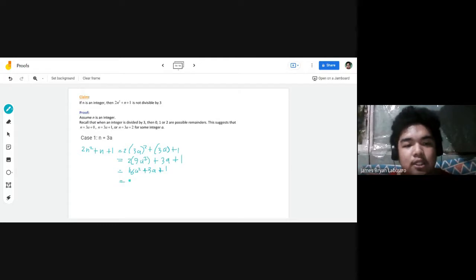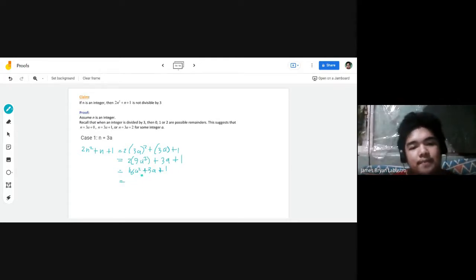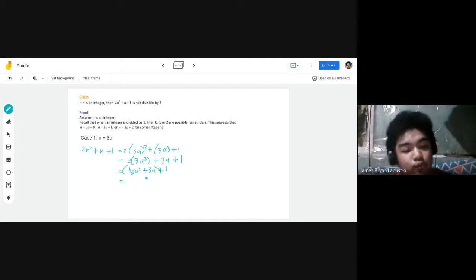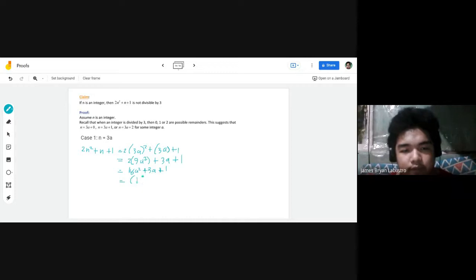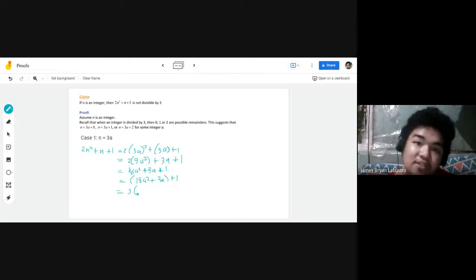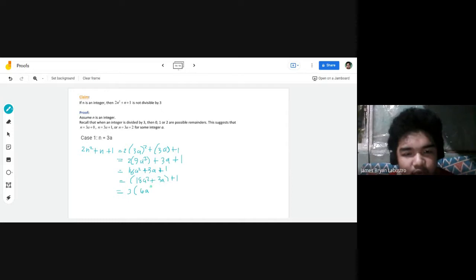Okay? So now, in this section, we're going to regroup this according to the variable. So we have 18a squared plus 3a plus 1. Then factor out 3 kasi divisible by 3. So we have 3 times (6a squared plus a) plus 1.